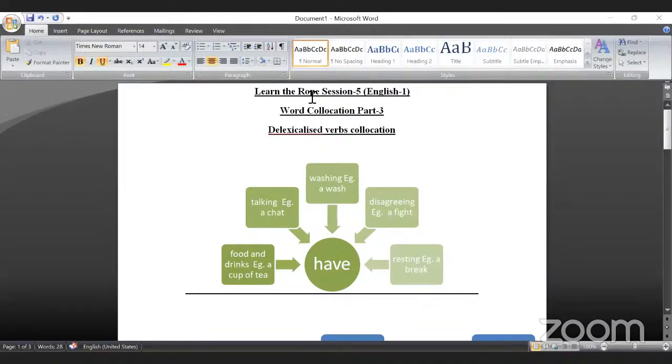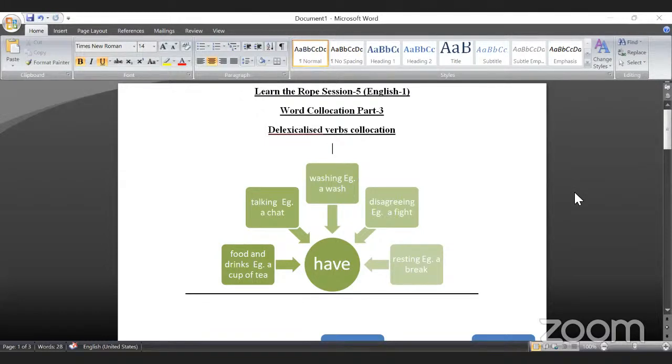Okay. Anyway, so till the time the person does that, what are the main delexicalized verbs in English? Any idea? Yes. Anybody?